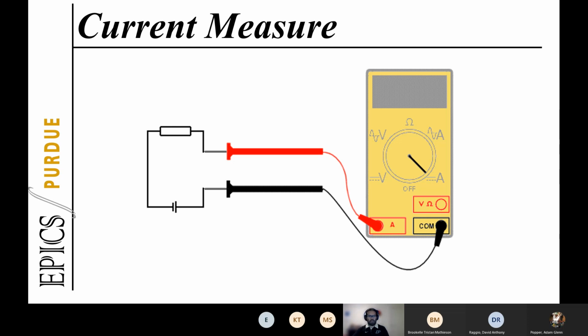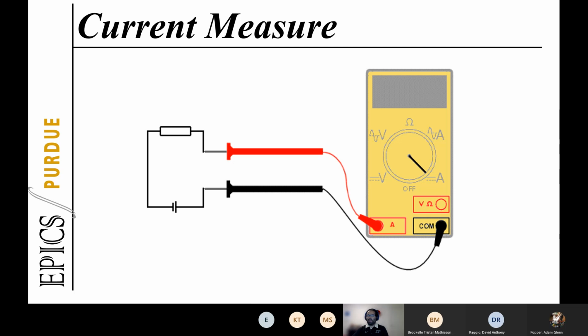When you're measuring current, you see we have a red probe and a black probe. Typically, and this also applies for voltage, we want the black one, which is the common probe, to be on usually the negative side of a battery. So that's what we will call the ground.